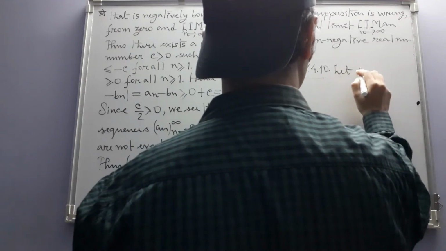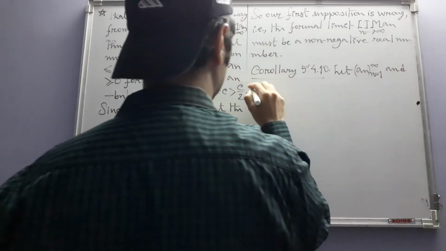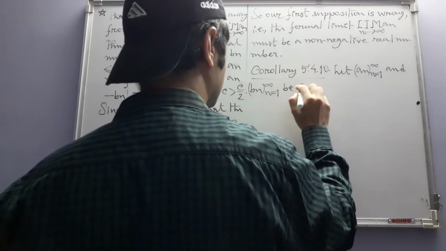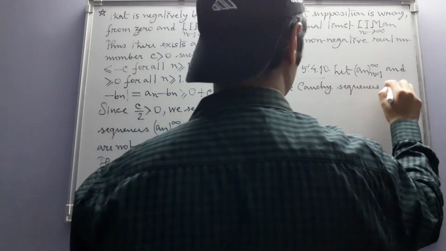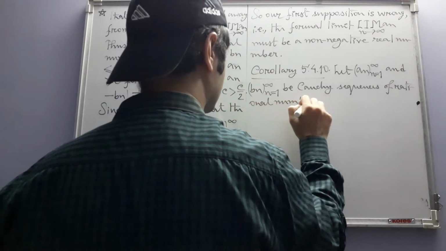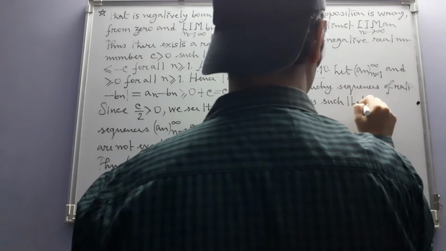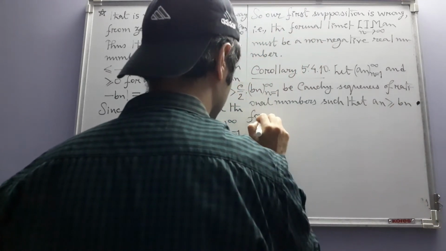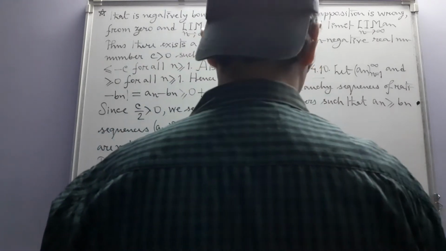Let an and bn be Cauchy sequences of rational numbers such that an is greater than or equal to bn for all n greater than or equal to 1. Then the formal limits are also in that relation.